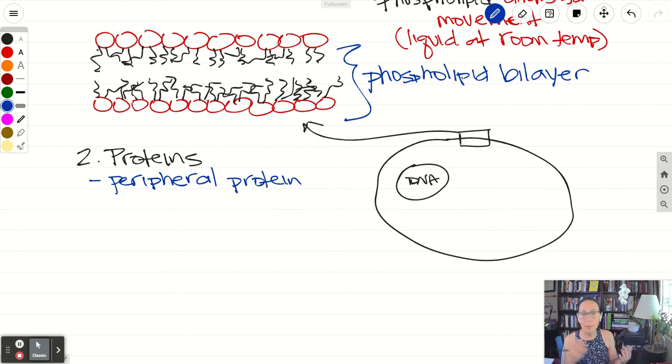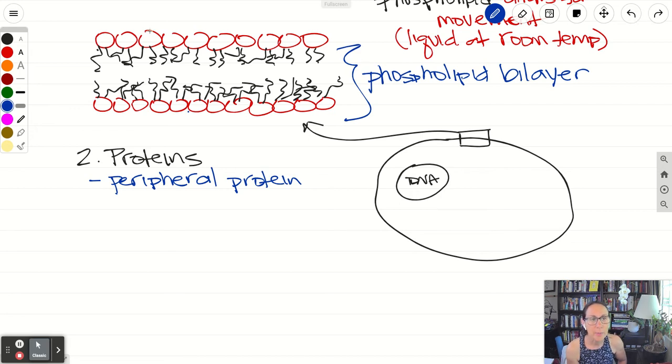They are made on ribosomes, and the ribosomes put together these amino acids, which are those balls. Remember, there are 20 different amino acids, and when that's made, it forms a three-dimensional shape, okay? There are proteins in the plasma membrane that serve a lot of functions. They're very important. But some of the proteins are called peripheral, and what that means is they're only found on the periphery.